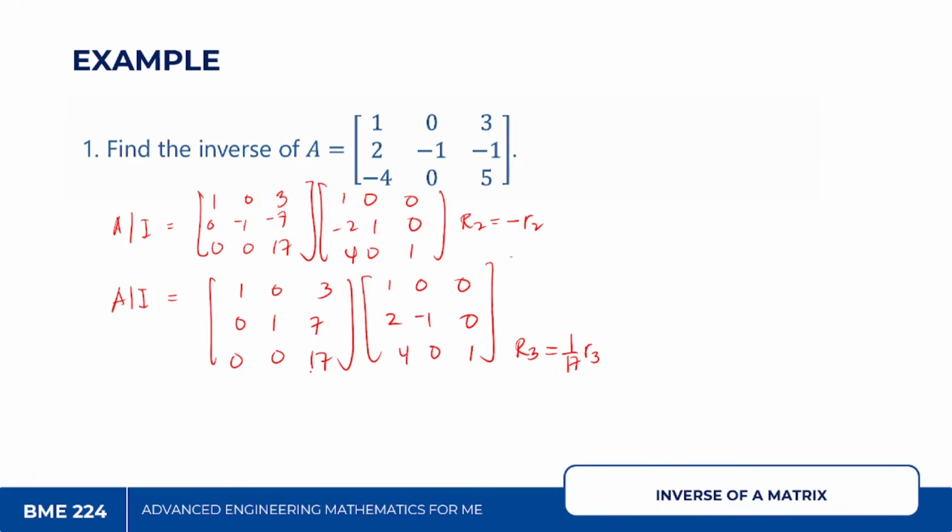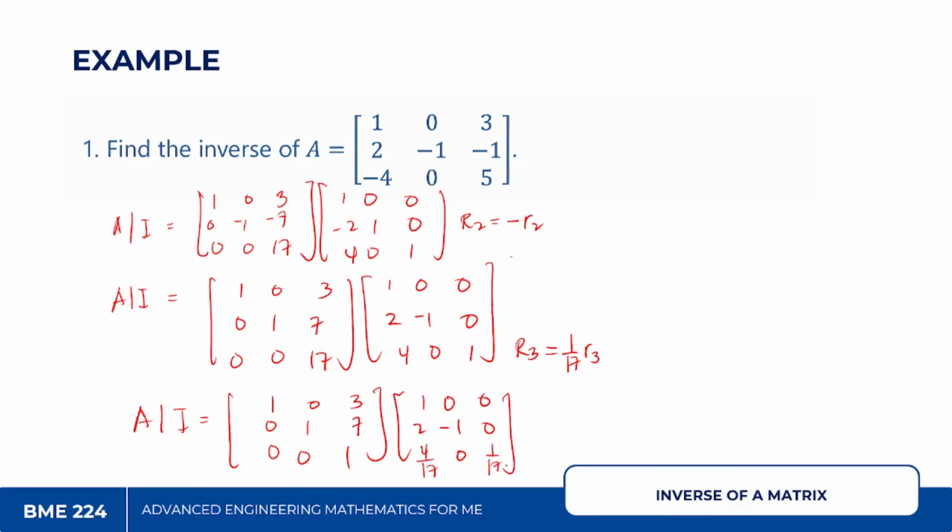Nakuha? And then that would be equal to 1, 0, 3, then 0, 1, 7, then 0, 0, 1. Ayan. And then we have here 1, 0, 0, 2, negative 1, 0. Ito magiging 4 over 17, 0 over 17 which is 0 pala yan, 1 over 17 which is 1 over 17. Okay? Yan na yun, no?